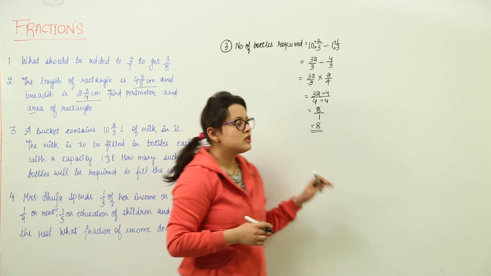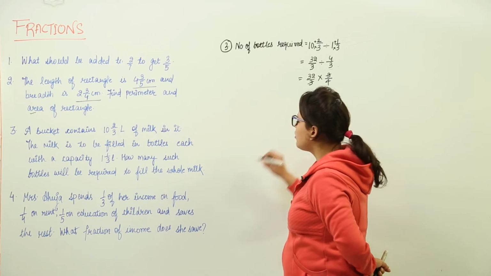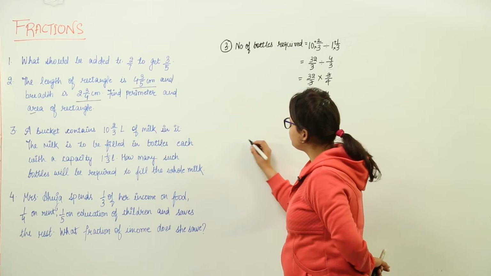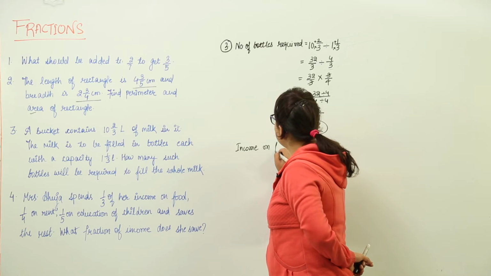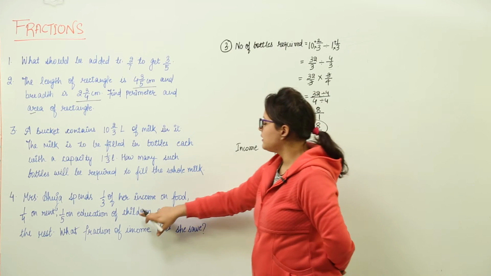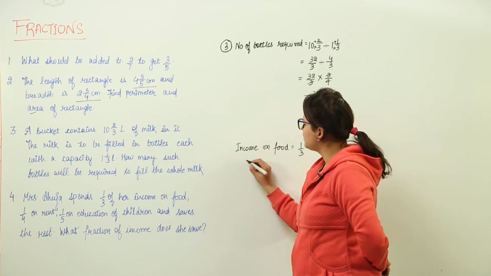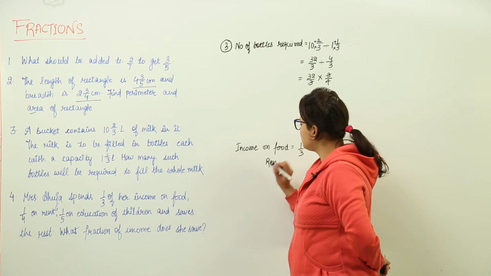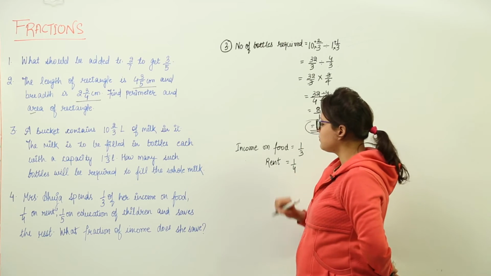Right? Now the next one is Mrs. Ahuja spends 1/3 of her income on food. Okay, let me write this. Income on food is 1/3. Then the expenditure on rent, I'll write, is 1/4.